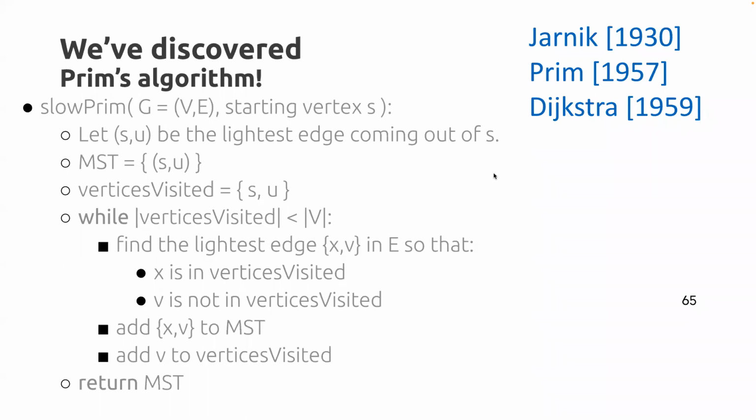The while loop alone is O of n, and that's O of n times O of whatever is inside, right? So again, finding the lightest edge in E, what is a way you can try to do it? Go through all the edges, right? And check, is one side in X, is the other side not in X?